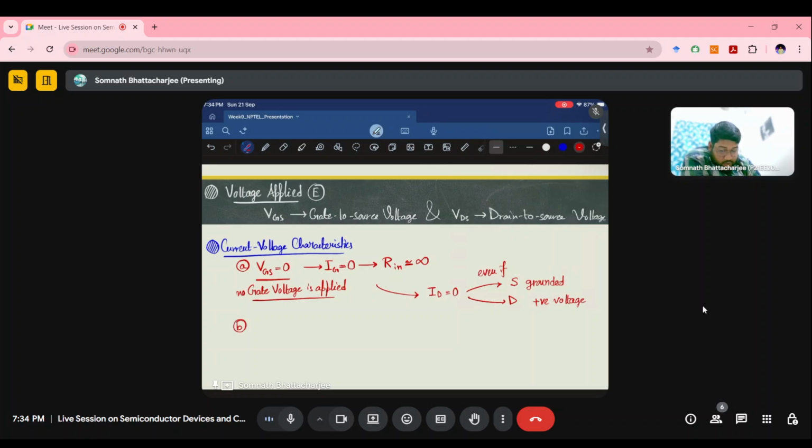Now what will happen if we increase the gate voltage, but still below the threshold voltage, is that there's a voltage flow but that is very low to start the operation.